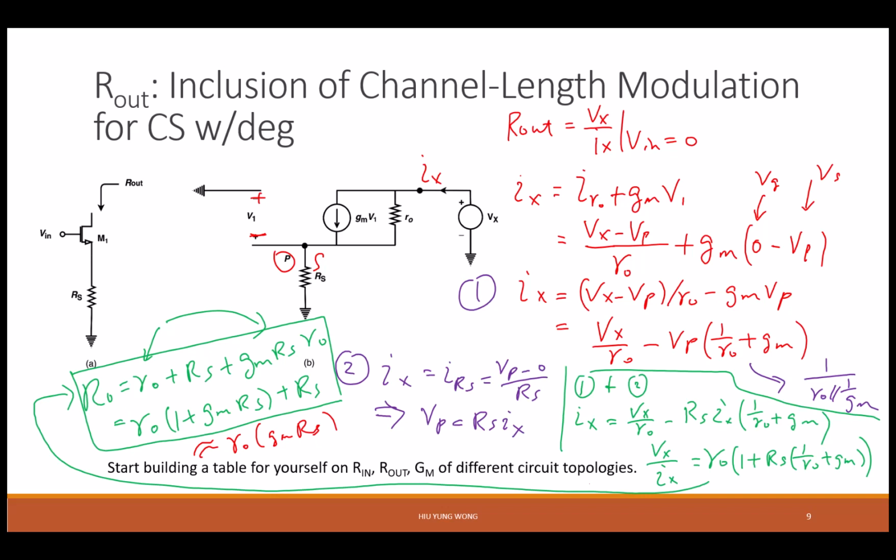And eventually, I did not plan this well. This is pretty lengthy. Eventually, I need to do Vx divided by Ix. Okay? So I group the term. I do Vx divided by Ix.